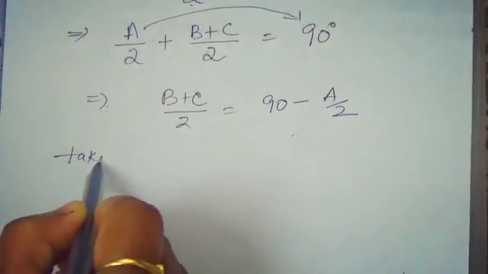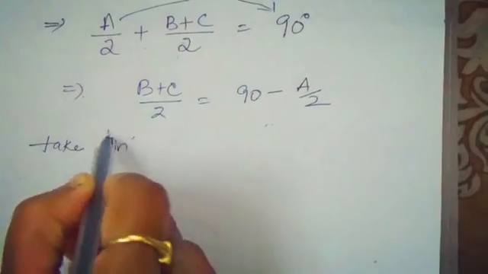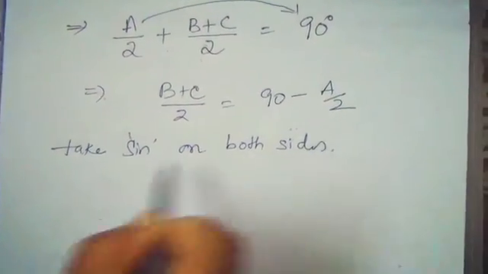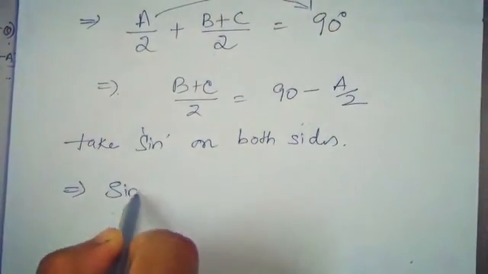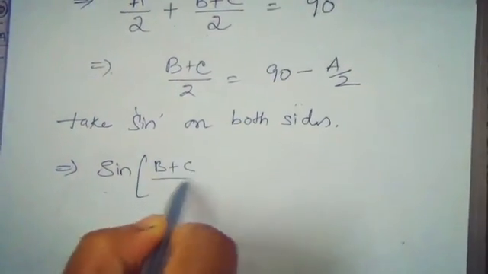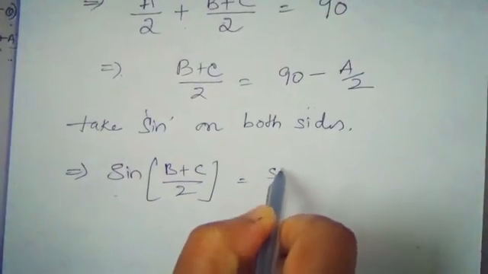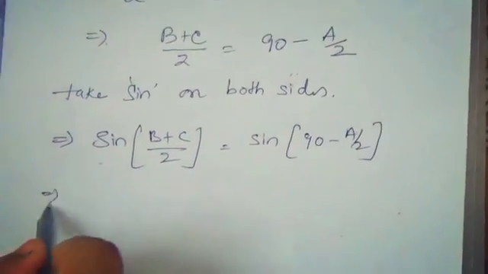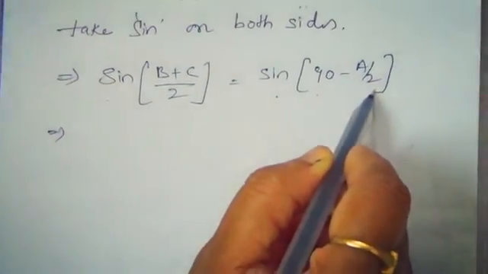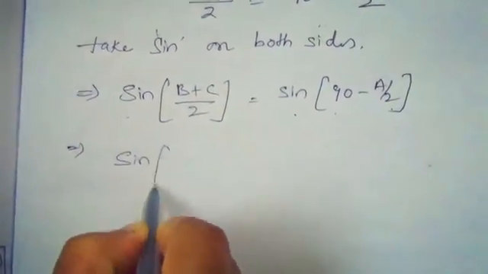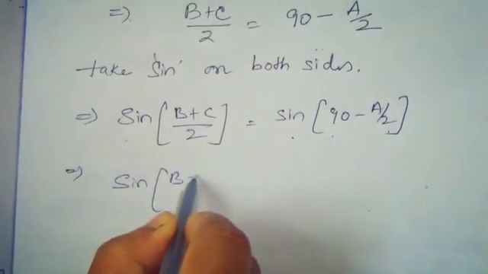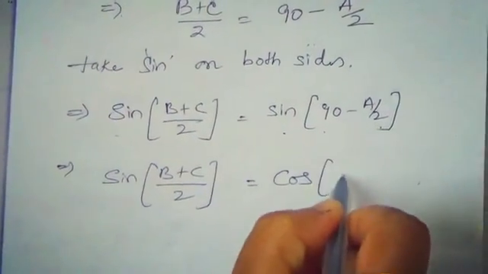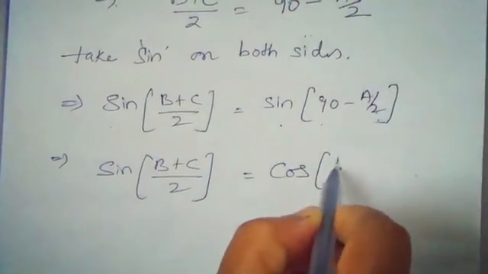Take sine on both sides. That implies sine of (B plus C) by 2 is equal to sine of (90 minus A by 2). Already we know that sin 90 minus theta is equal to cos theta. So sine of (B plus C) by 2 is equal to cos of A by 2, where theta is A by 2.